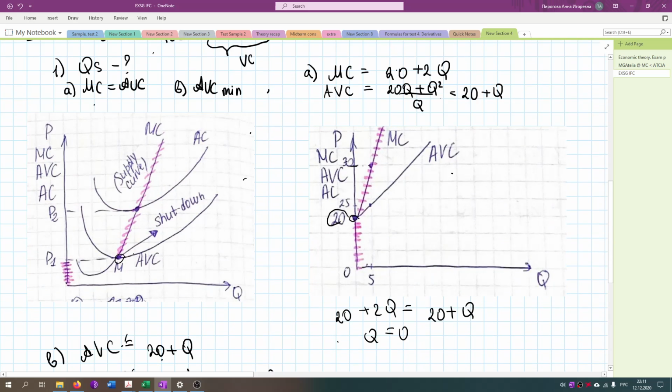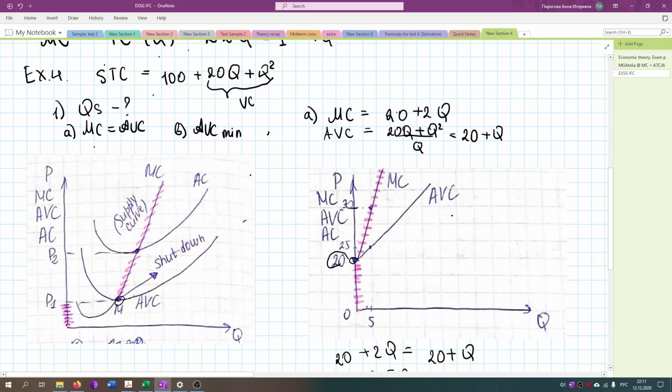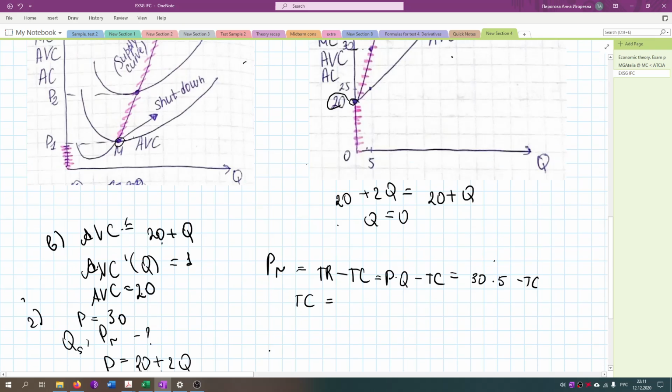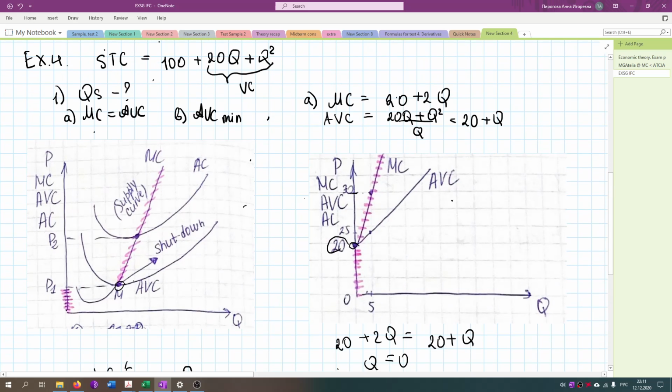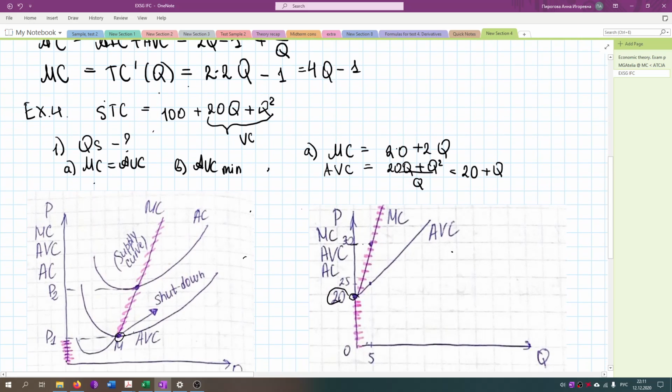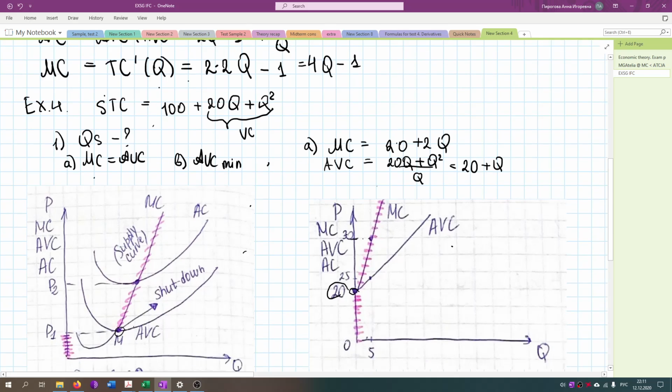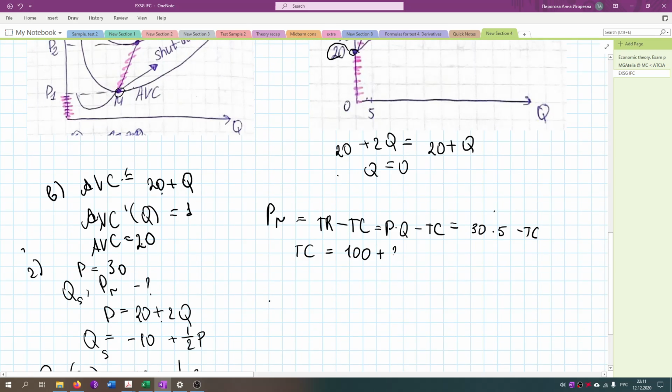And we also will need to compute our total cost. So minus total cost. According to our function, total cost is equal to 100 plus 20Q plus Q squared.